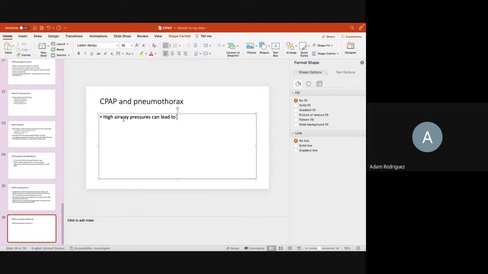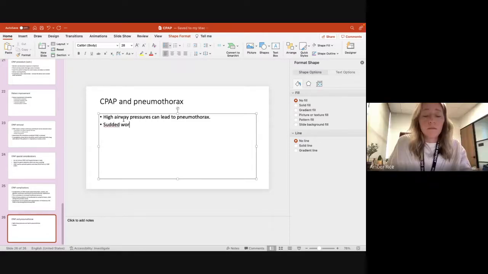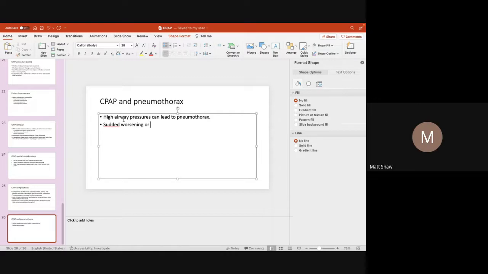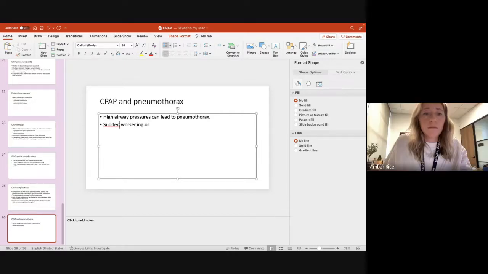To be specific, we're talking about a tension pneumothorax, right? No, just a pneumothorax. Okay. You could say a sudden worsening of respiratory difficulty, or sudden increased work of breathing.